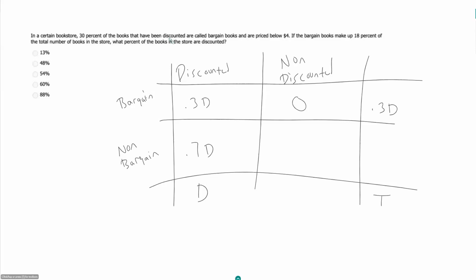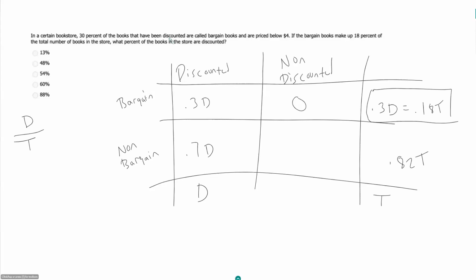If the bargain books make up 18%, so that's saying this guy here or this guy here, but they're equivalent. So 0.3D is equal to 0.18T, and this guy here would also be 0.82T. And they're still asking for D over T. And this is how I'm going to get one in terms of the other.